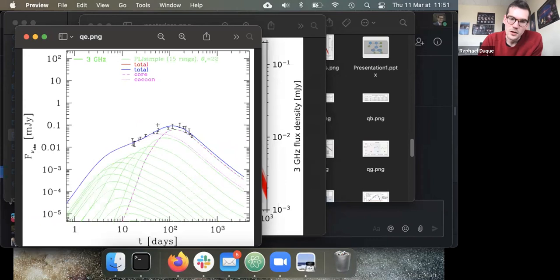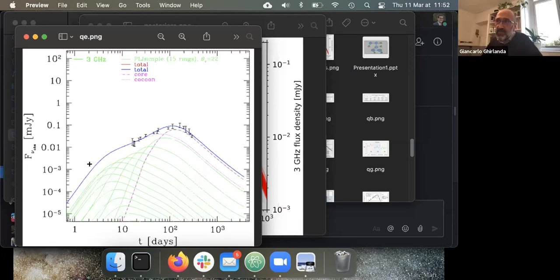There's this phase, which is the slowly increasing phase, where you have progressively the whole structure which contributes, and then you have this phase, when you are dominated only by the line of sight material, and here it should be t to the 3. Do you agree that it should always be t to the 3 here? Yes, t to the 3.